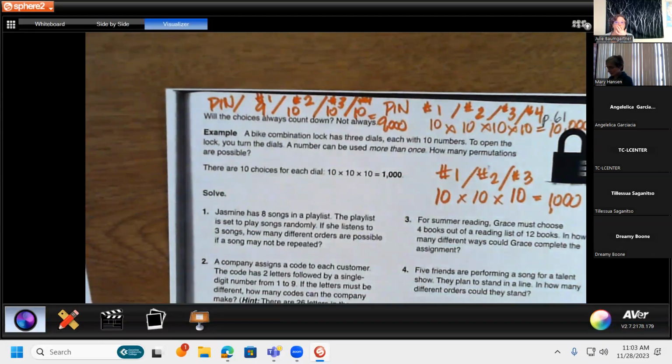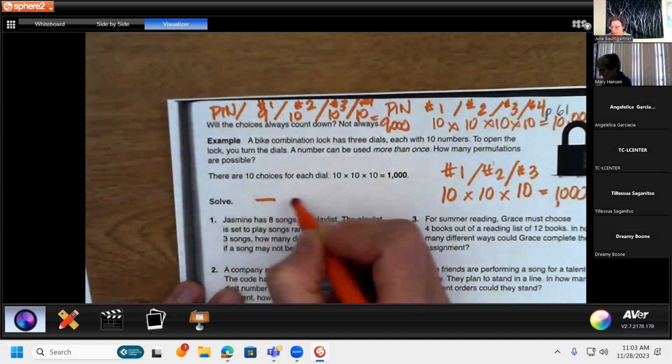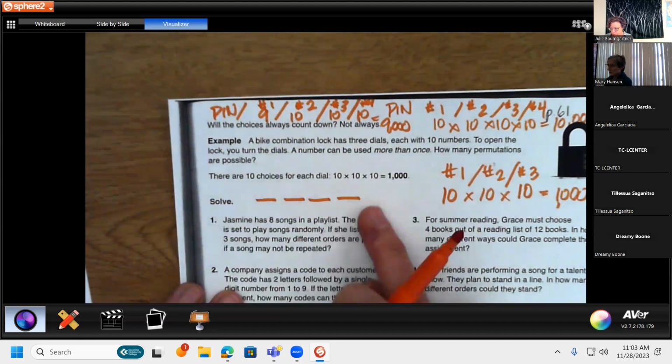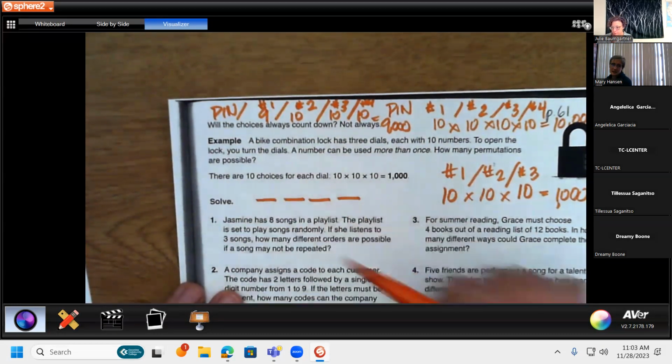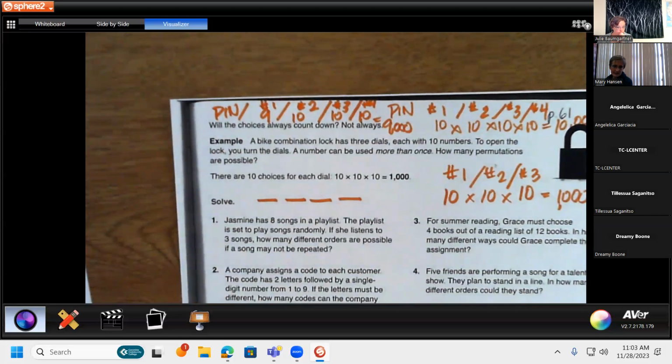A lot of people tend to either label them like this, number 1, 2, or 3, or they draw lines, like if they know they're going to have 4 things, and then they fill in the numbers and then they multiply them. So I would encourage you to get a system that works for you for calculating these.